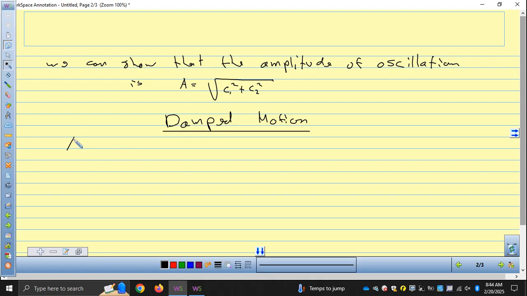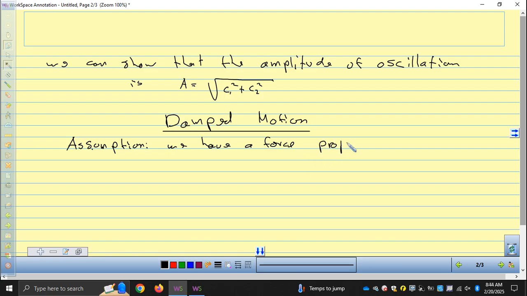All right, so our assumption is we have a force proportional to the velocity, acting in the opposite direction of motion.